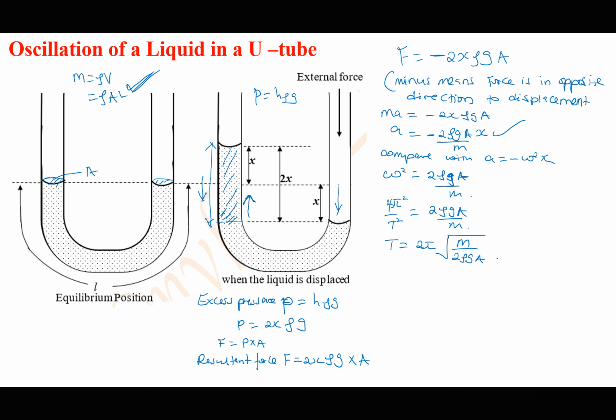Now, a smart student will recall that from the first equation we saw that m was equal to density times a times L. So a student could also say that T is equal to 2 pi square root of rho a L divided by 2 rho g a, which means rho cancels, a cancels, so it becomes L over 2g.